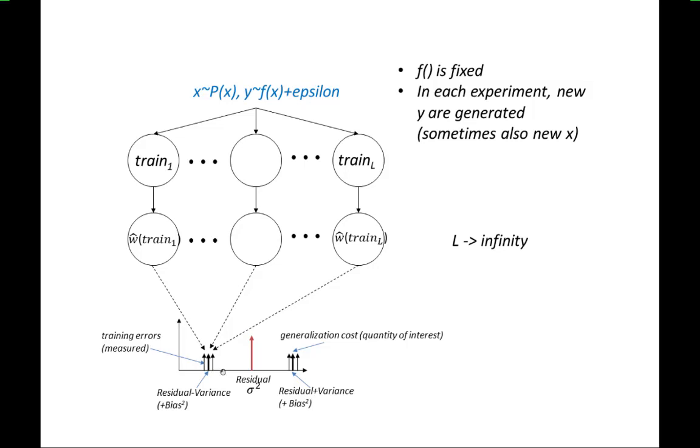So the residual is sigma square, and the training error is residual minus what we will call variance, and the test error is residual sigma square plus the variance. So from the training error it might look like a good model, but when we add 2 times the variance, the generalization performance might be worse.